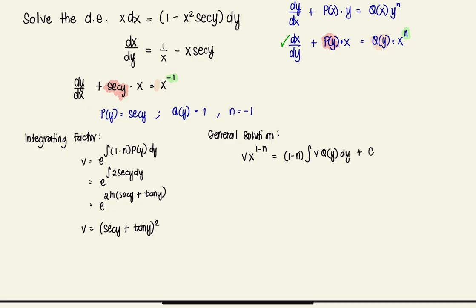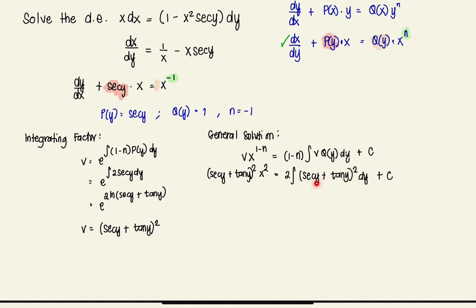Substituting, our v is secant y plus tangent y quantity squared, and x raised to the power of 1 minus negative 1, so that's x squared, equals 1 minus negative 1, which is 2, times the integral of secant y plus tangent y quantity squared, and our q of y is just 1, so we directly write dy plus c.